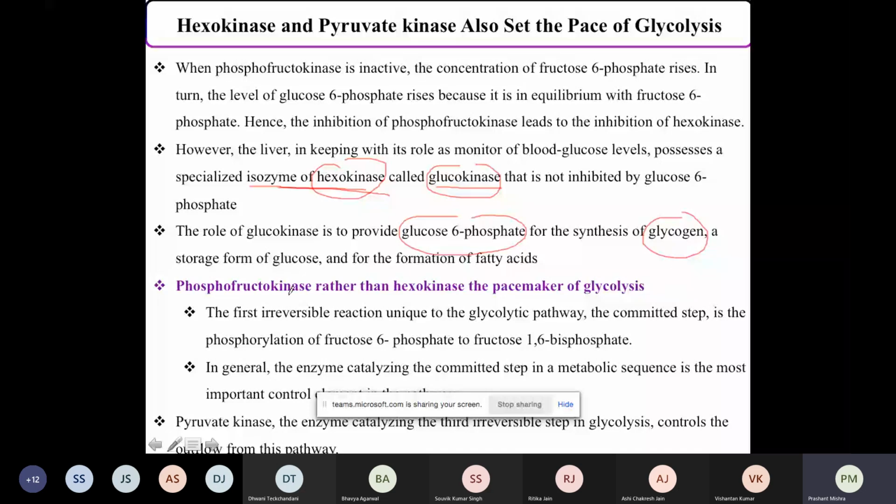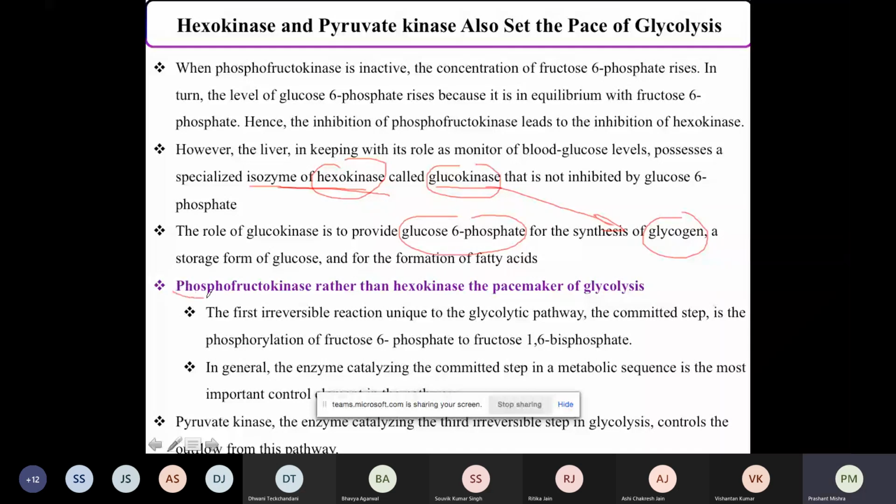So though the enzyme is inhibited, there is another pathway which has been generated because of the isozyme. As I said earlier also, the isozyme is the one which will have a different kinetic mechanism. So glucokinase will be the one synthesizing glycogen molecules, and that will be stored. If it is not metabolized, if your ATP concentration is very high, your glycogen synthesis will occur.